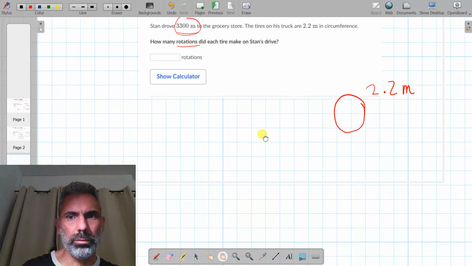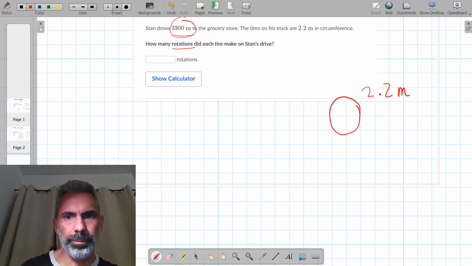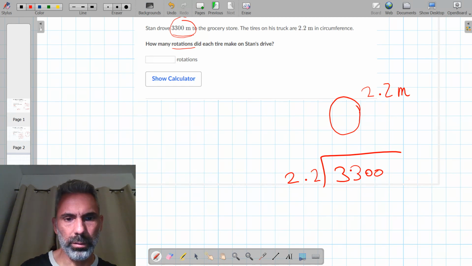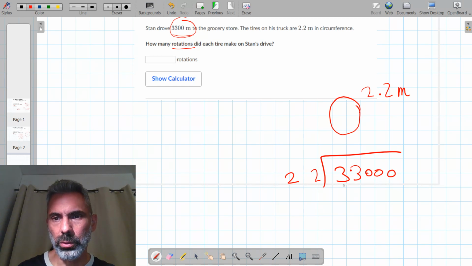Okay, let's try to do it in long division. So 3,300 divided by 2.2. We need to shift the decimal point to get a divisor without a decimal point. So we add here 1 zero. 22 goes into 33 one time. 1 times 22 is 22.